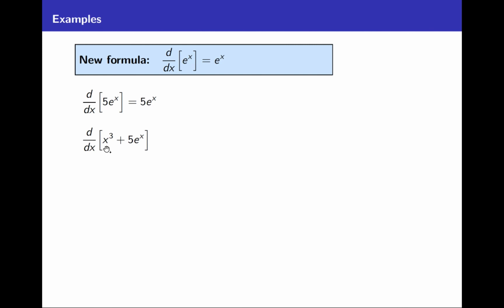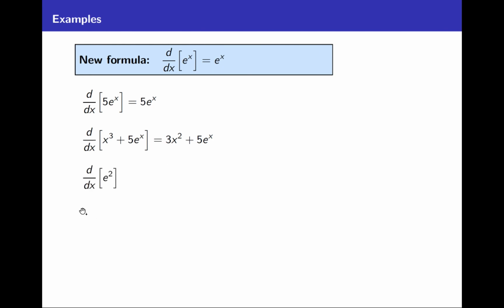If we have the derivative of x cubed plus 5 e to the power of x, we can use the sum difference rule combined with the power rule and combined with our new rule to get this as the derivative of x cubed, which is 3x squared, plus the derivative of 5 e to the x, that's plus 5 e to the x. So there's our answer. We get it in just one step.